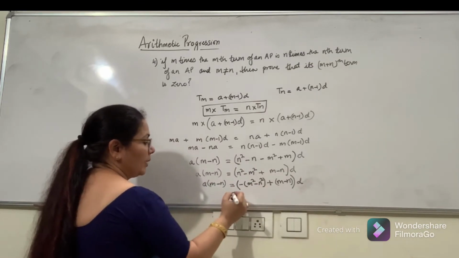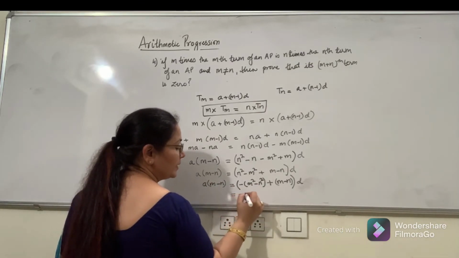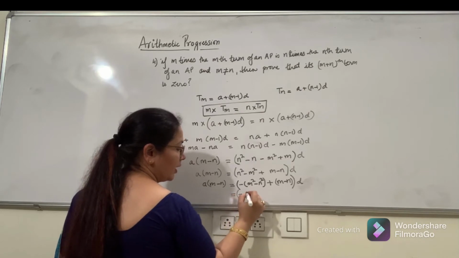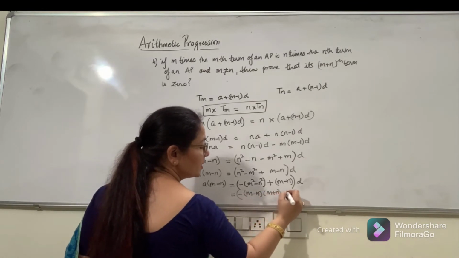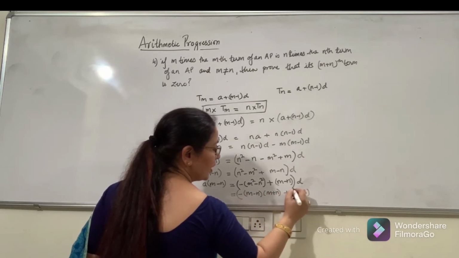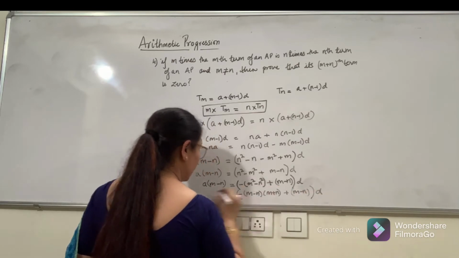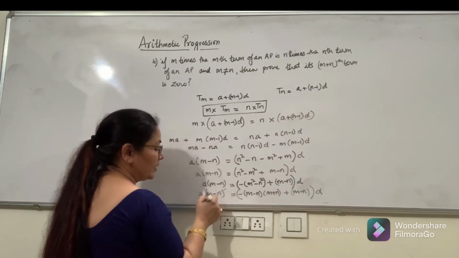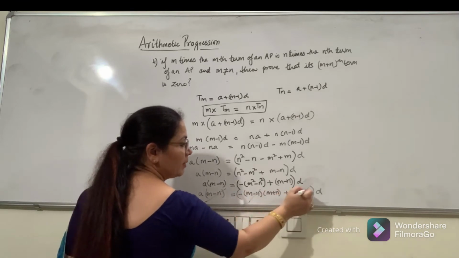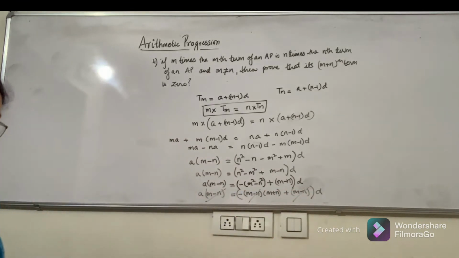Now look here, the minus gives me (m minus n) and (m plus n), and from this (m minus n), and then overall D, and then A(m minus n). I can take out (m minus n) from all as common.